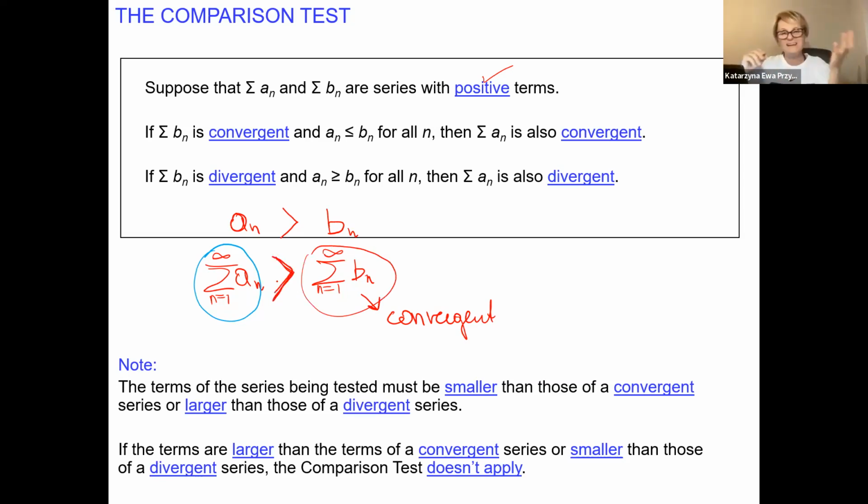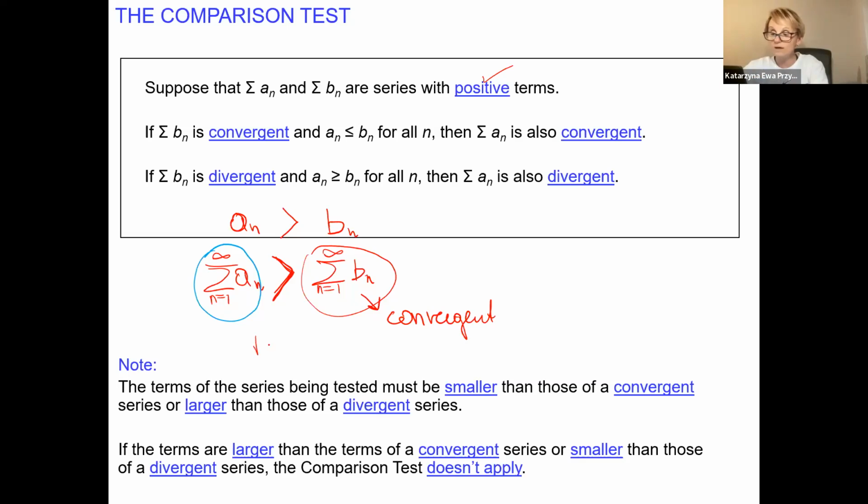Something that is greater could still be convergent, but could also be infinity, could be divergent. Then we will not use this comparison test.